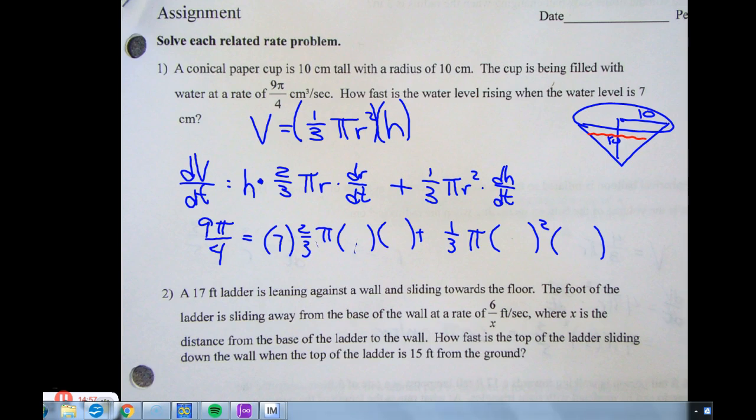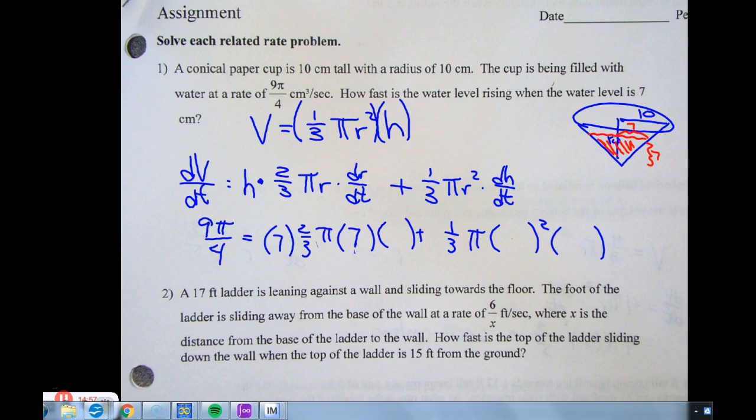Probably should make the water blue, but that's okay. So if this is 7, what's the radius? Isn't that also 7? Aren't those just similar triangles? Your cone is 10 high and has a 10 radius. Well, if the water's only 7 high, that's only the 7 radius. Fair enough? So this is 7.